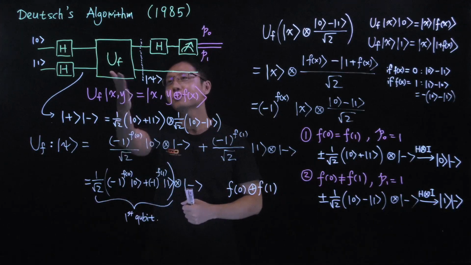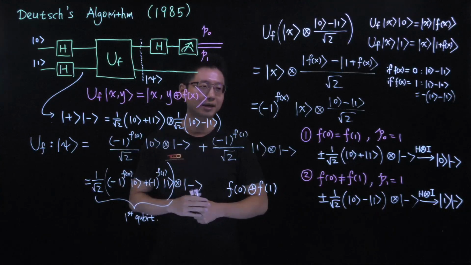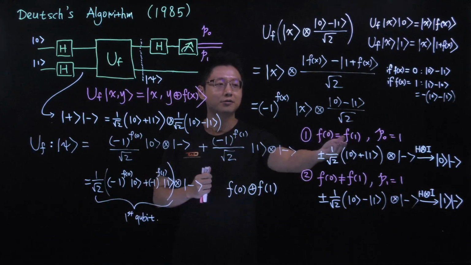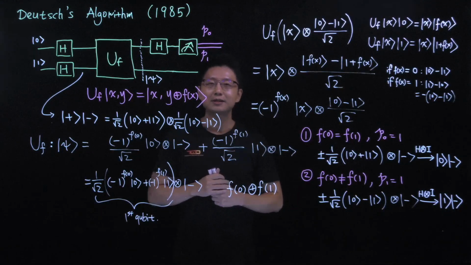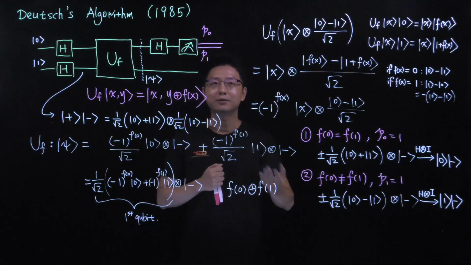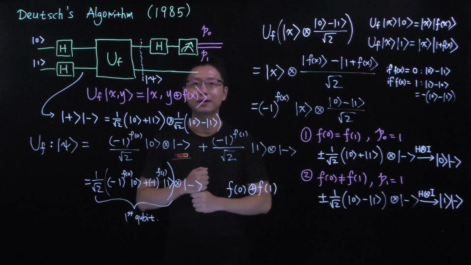For example, you can have two copies of this machine. One copy is used to evaluate f of 0, the other copy is used to evaluate f of 1. So you see we need an increase either in time or in resources in the case of classical parallelism.